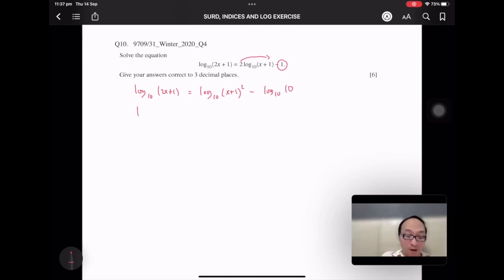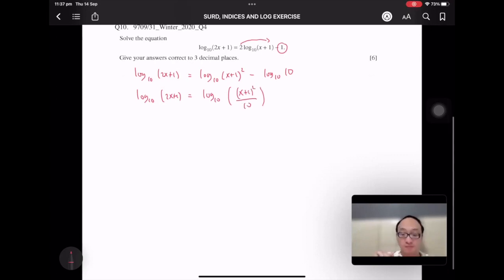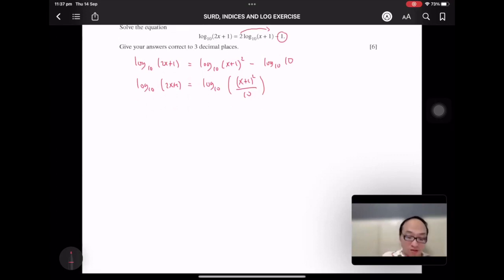So now I can combine: log 10 of (x plus 1) equals log 10. So we can divide, (x plus 1) squared over 10. So I can remove the log. So it's 2(x plus 1) equals (x plus 1) squared over 10.